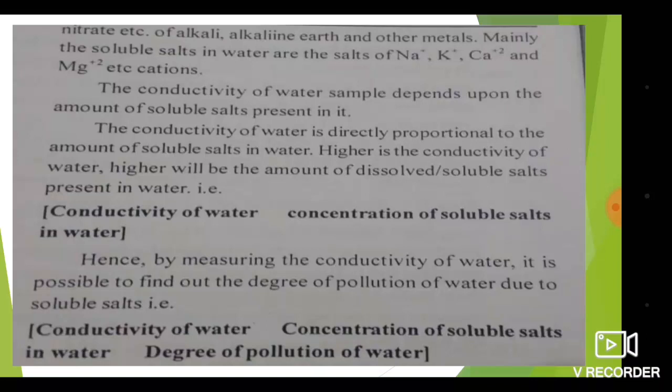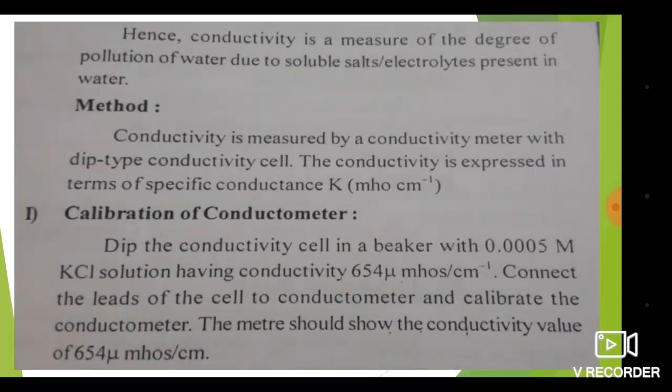Hence, by measuring the conductivity of water, it is possible to find out the degree of pollution of water due to the soluble salt. So conductivity is directly proportional to the concentration of soluble salts, which is directly proportional to the degree of pollution of water. Hence the conductivity is a measure of the degree of pollution of water due to the soluble salts and electrolytes present in the water.